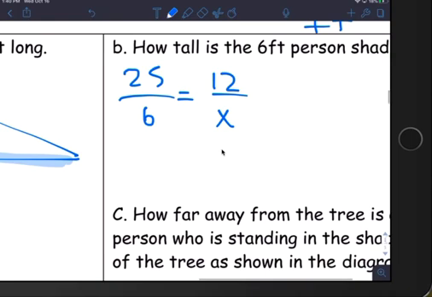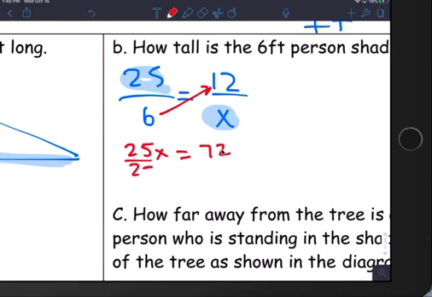You get 25 times x, you get 25x equals 6 times 12 is 72, divided by 25, x equals, I think, 2.88, I believe. Let me use a calculator to make sure. 72 divided by 25.